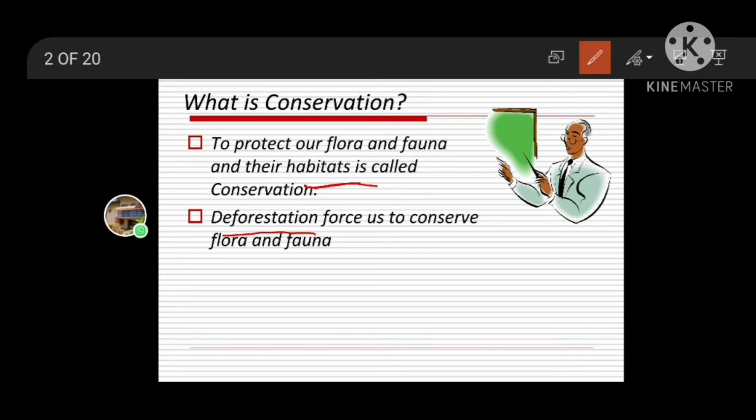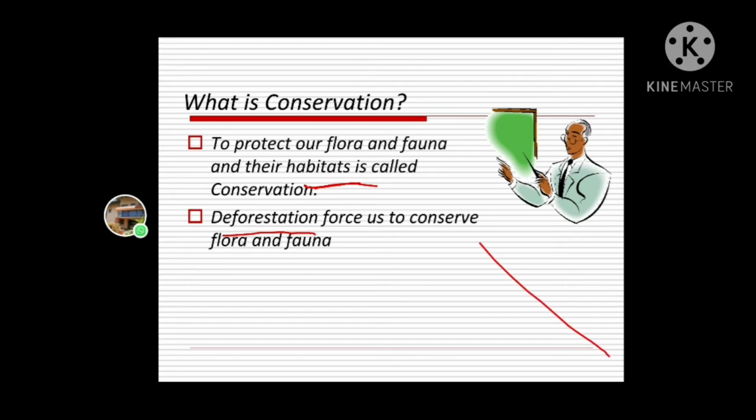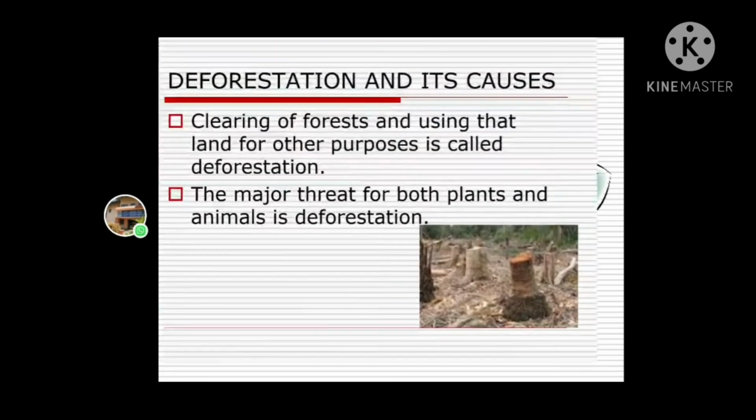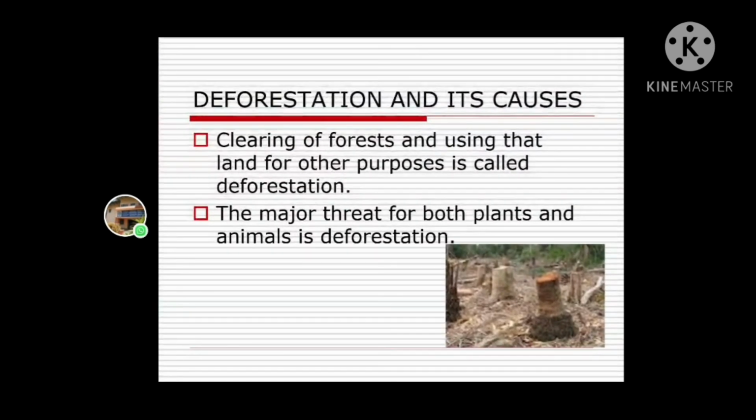Deforestation leads to lack of shelter or lack of habitat for many plants and animals. So we have to avoid cutting down of forests on a large scale in order to save these animals and plants. Deforestation should not take place.